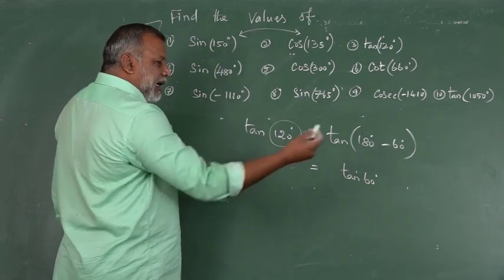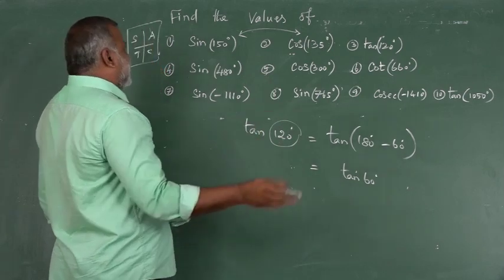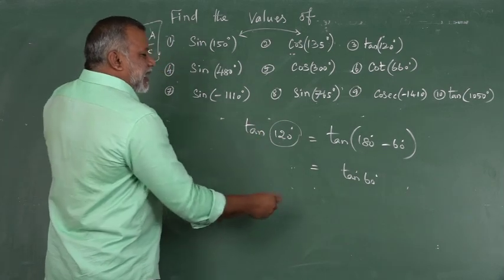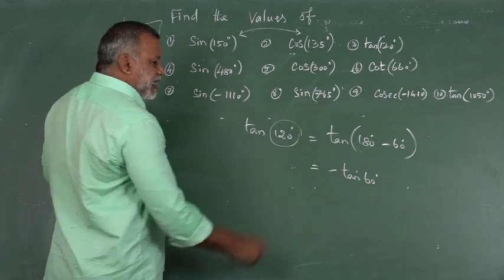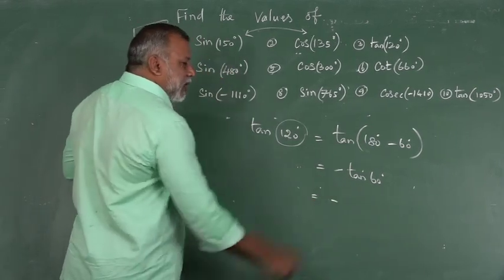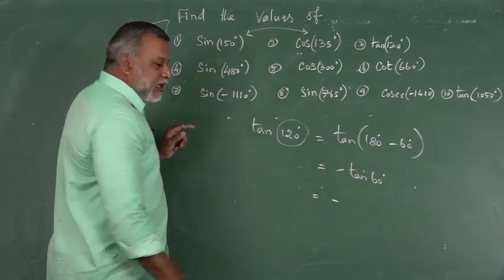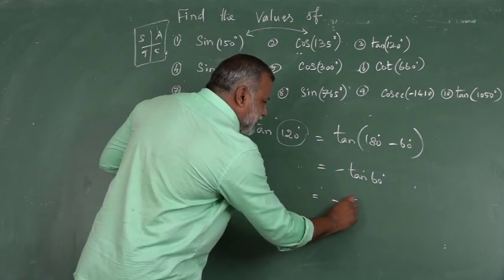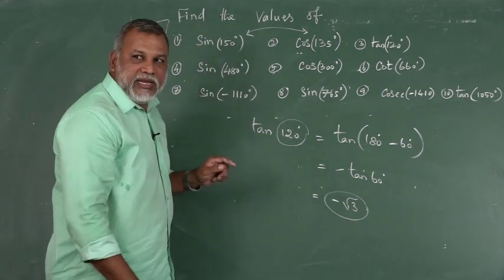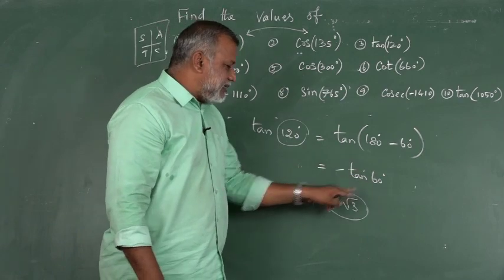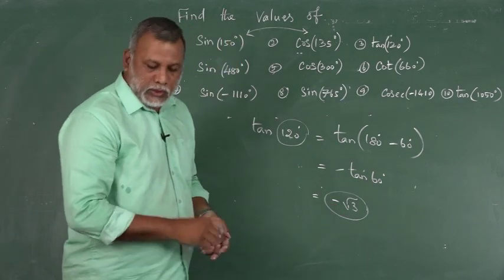Here 120 lies in the second quadrant. By applying the concept of ASTC, in the second quadrant tan gets negative. What is the value of tan 60? Root 3. Therefore, we get minus tan 60, that means minus root 3.